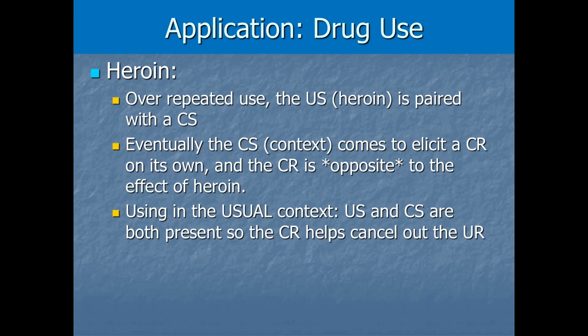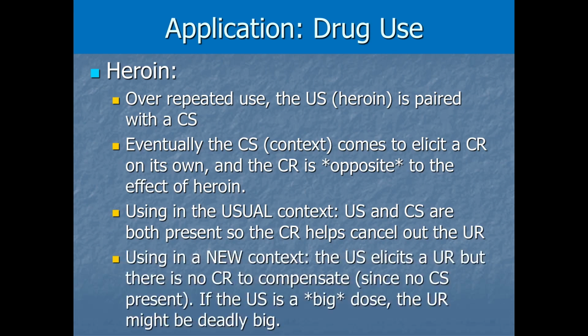But here is where things can go terribly wrong for people. What happens when someone uses in a new context? Well, the heroin is still going to elicit an unconditioned response. The heroin still does its thing. But now there's no conditioned response for the body to compensate in the opposite direction, since there's no conditioned stimulus present to cue that up.